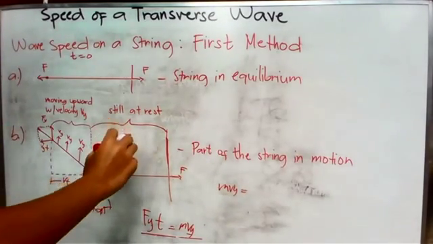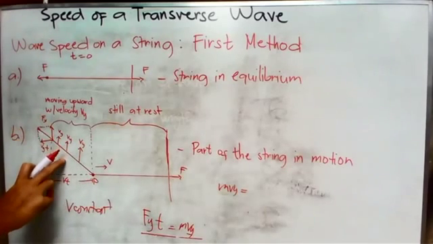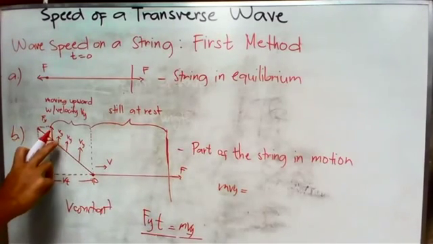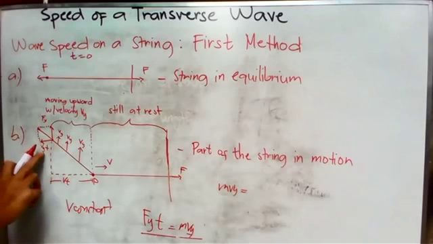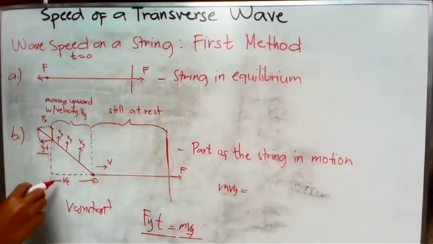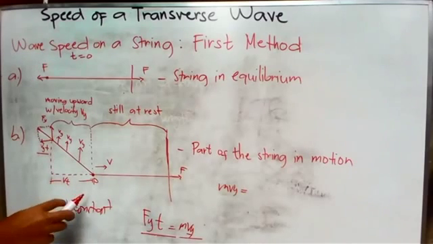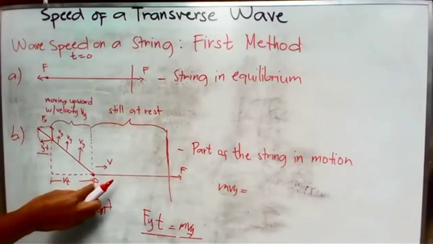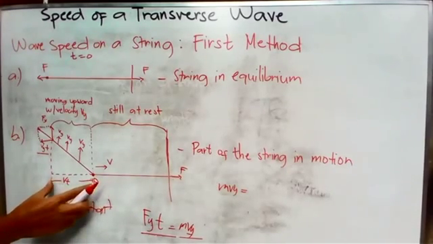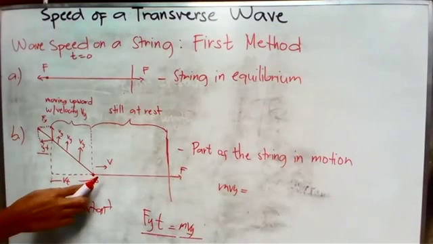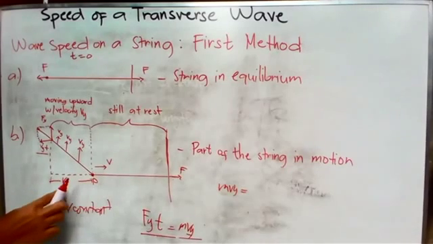So, at time t, the left end of the string has moved up a distance Vyt. So we have the distance Vyt. The boundary point has advanced the distance Vt. So we have the boundary point P at Vt.